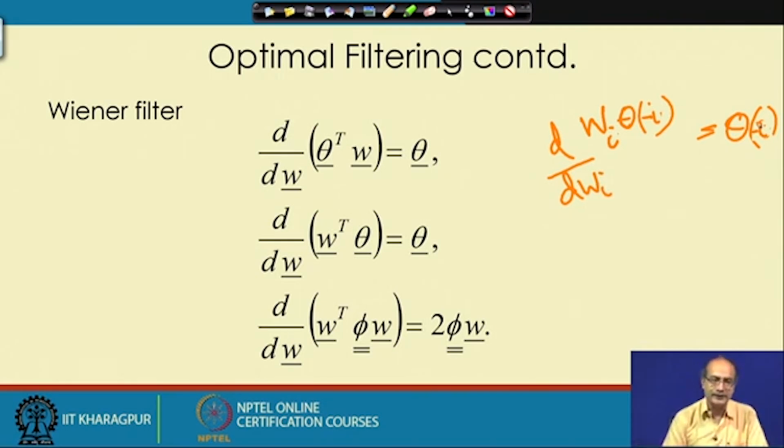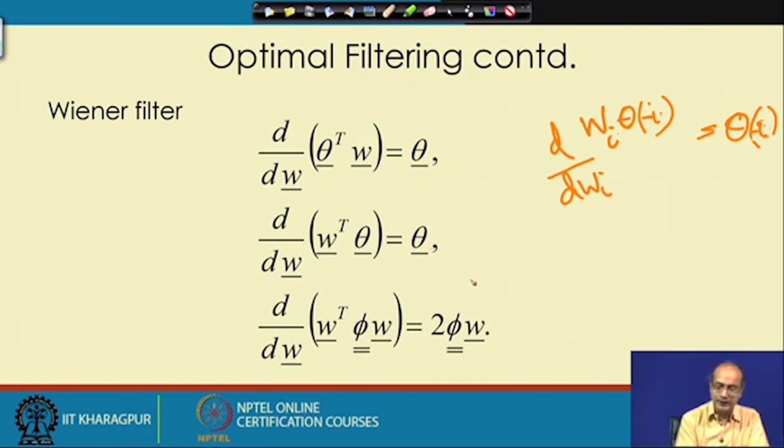We get terms like this, and at the end if we combine each of them, we get the vector theta after taking the derivative. And because this product is a scalar quantity, W transpose theta and theta transpose W both give the same result, so here also we get the vector theta after the derivative.